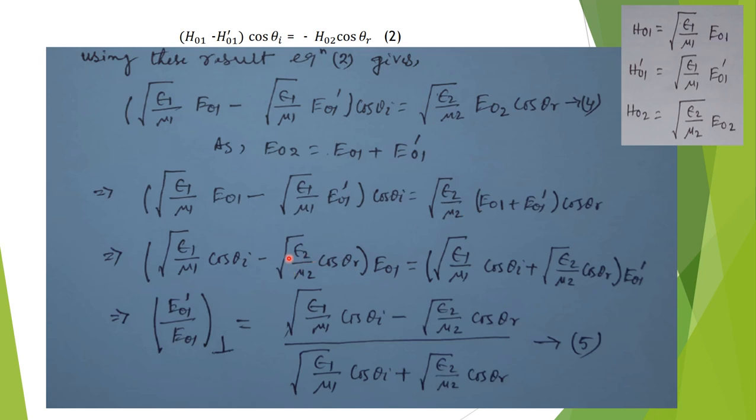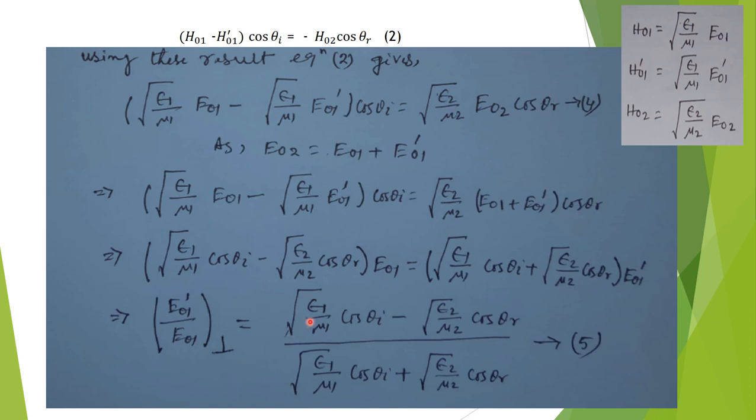From these two equations we take common E01, that is root epsilon 1 mu1 cos theta I minus root epsilon 2 mu2 cos theta times E01 is equal to root epsilon 1 mu1 cos theta I plus root epsilon 2 mu2 cos theta times e dash 01.